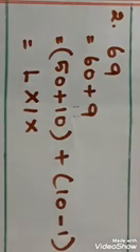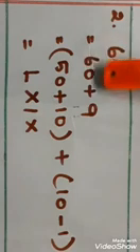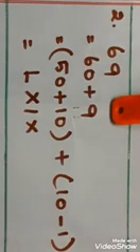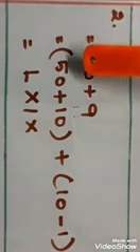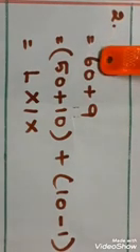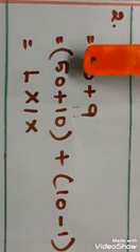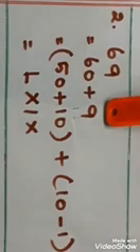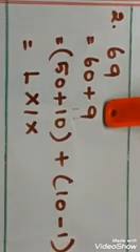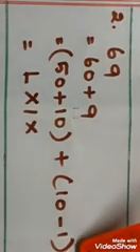How will you write 69 in Roman numerals? Similarly, we have to expand it first. 60 plus 9. In terms of Roman numerals, we have to split the 60. So it can be split into 50 and 10. 9 can be split as 10 minus 1.